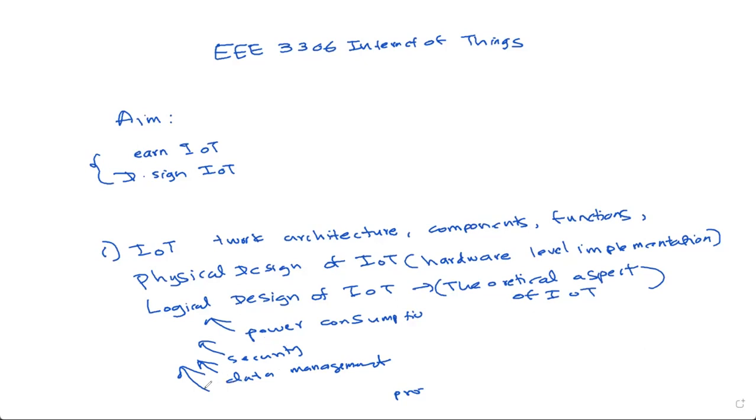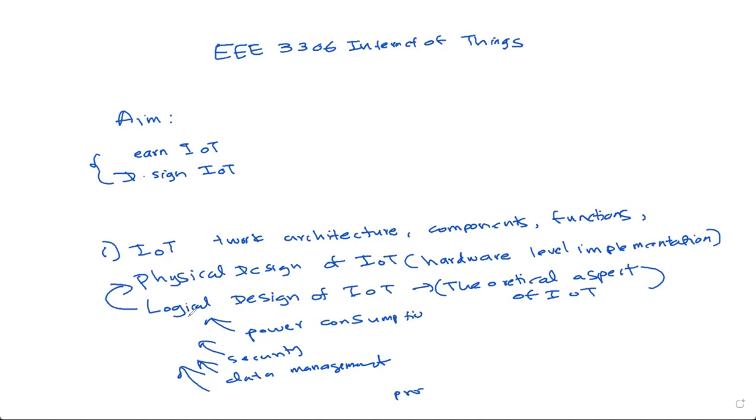Based on the factors, we will try to design our system hardware also based on the requirements under this logical design section. Based on the requirements of our IoT application, we need to design the physical design of the IoT. So physical design and logical design are interrelated.